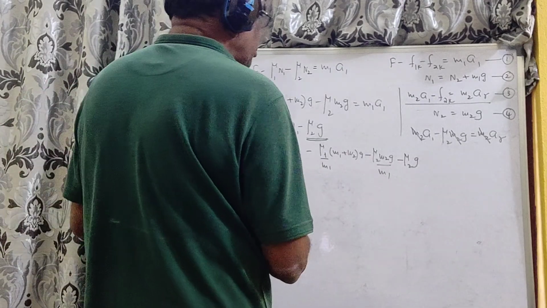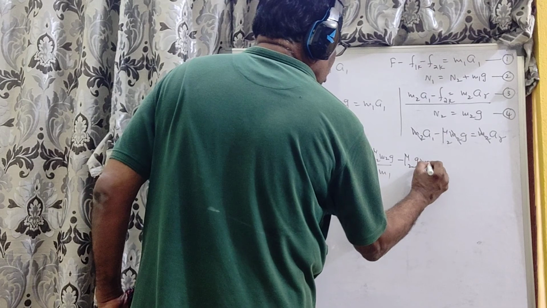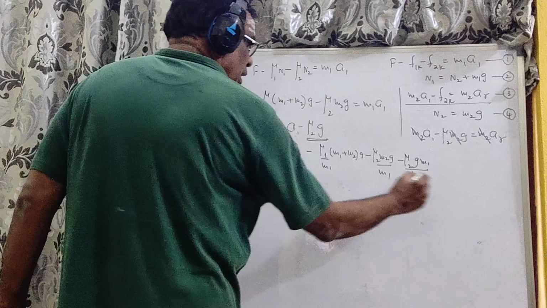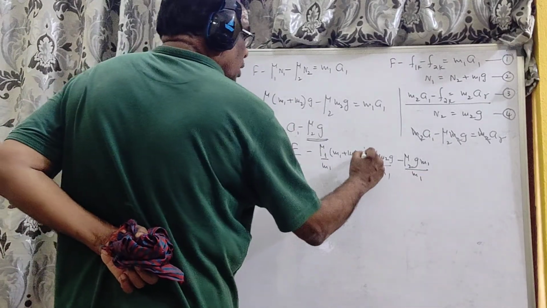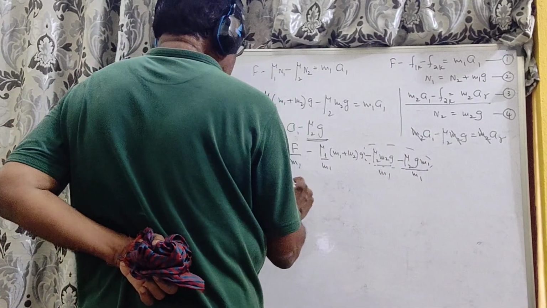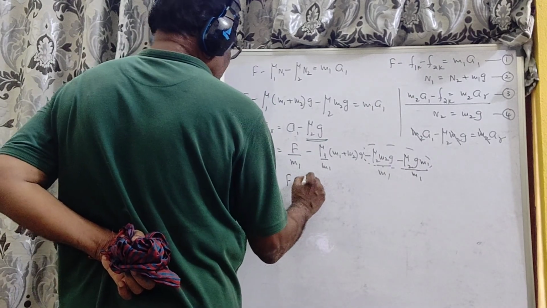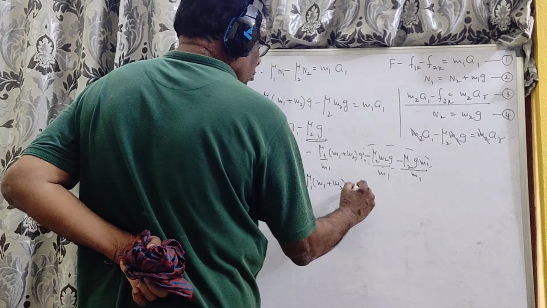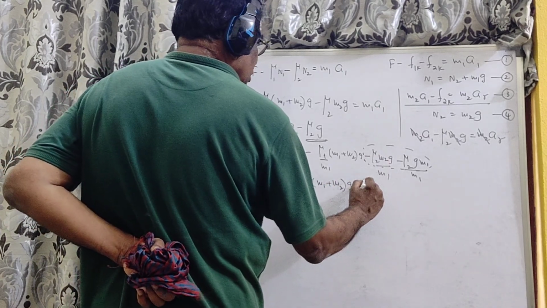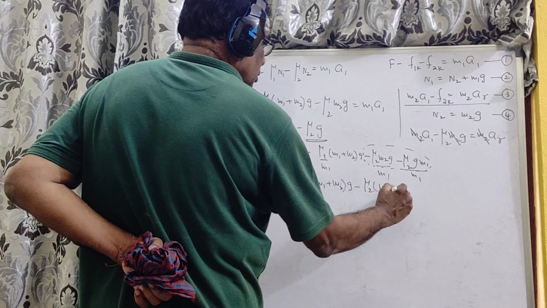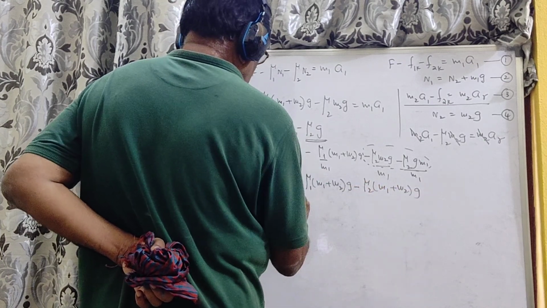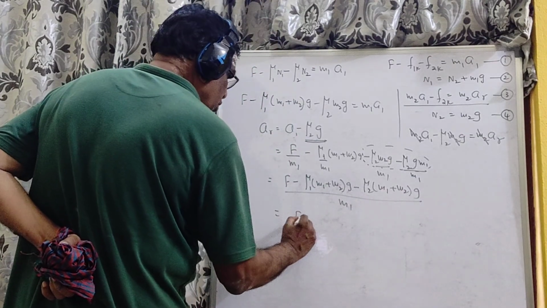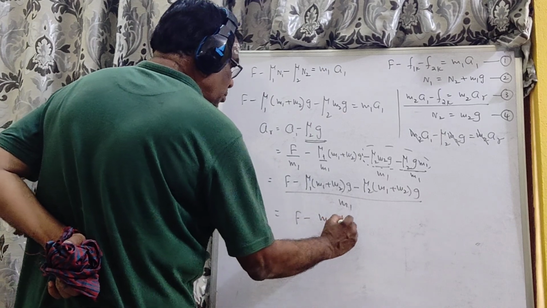So here what I do, multiply and divide with M1, it doesn't make any difference. So the denominator is common, and you can see here F minus mu2 into whole divided by M1, or F minus mu1 into M1 plus M2.